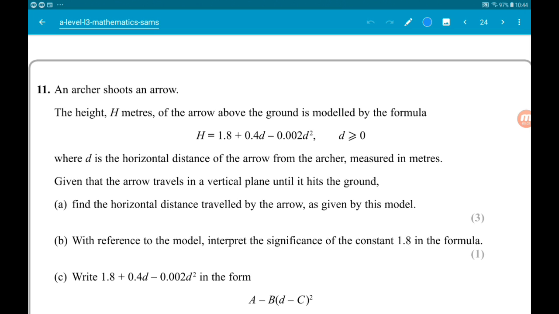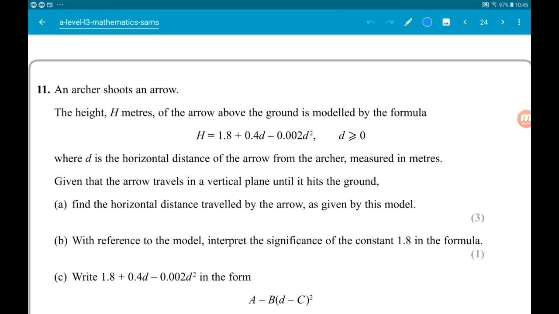Okay, number 11. An archer shoots an arrow. The height, h meters, of the arrow above the ground is modelled by the formula h is equal to 1.8 add 0.4d minus 0.002d squared, where d is greater than or equal to 0. Where d is the horizontal distance of the arrow from the archer measured in meters.